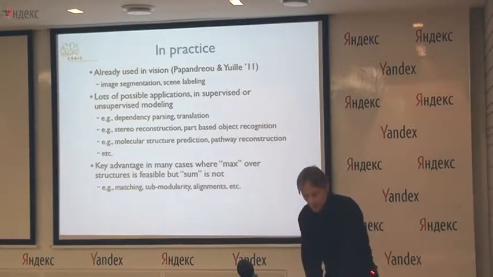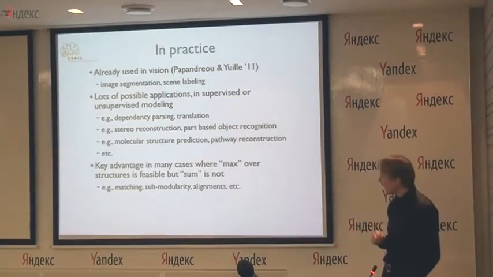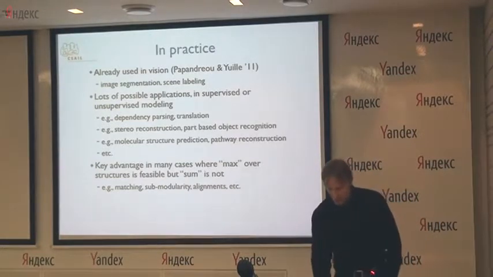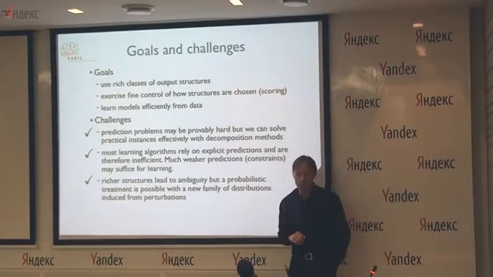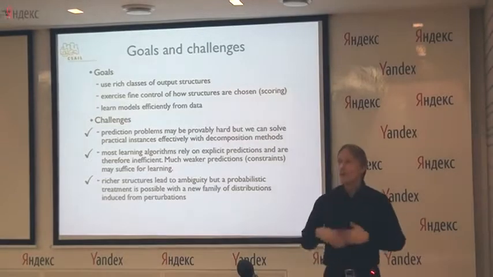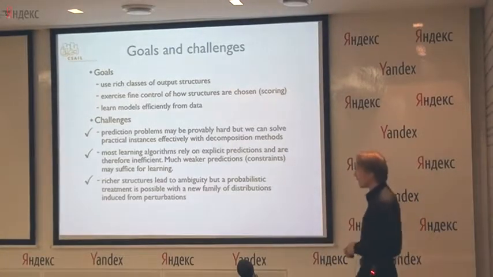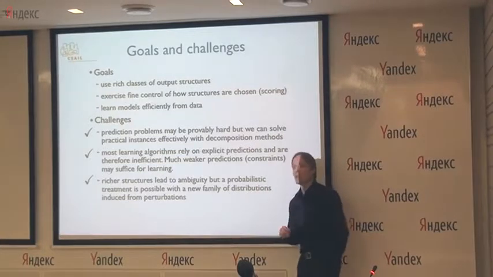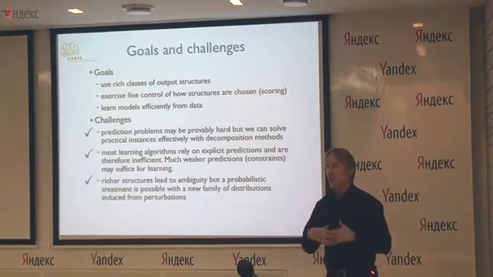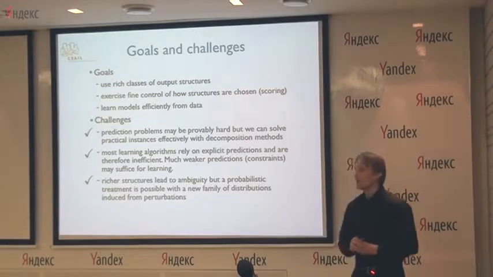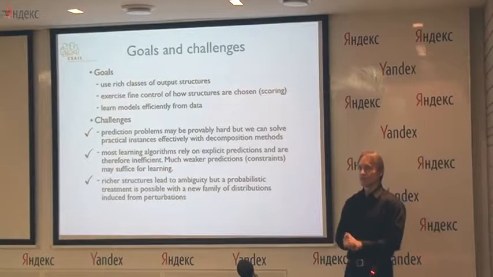And we are in the process of applying these in many places. So in summary, I tried to highlight challenging problems in structured prediction, the prediction problem itself, how to learn them efficiently from data, and how to revise the way that we are modeling these distributions over structures so that you actually attain tractable probabilistic predictions. And with that, I will take questions.